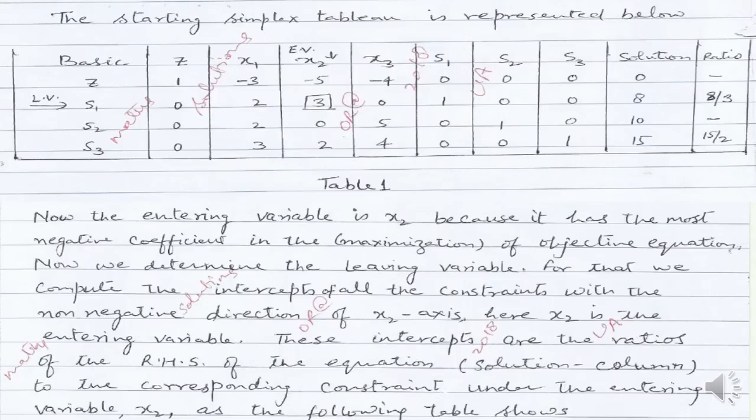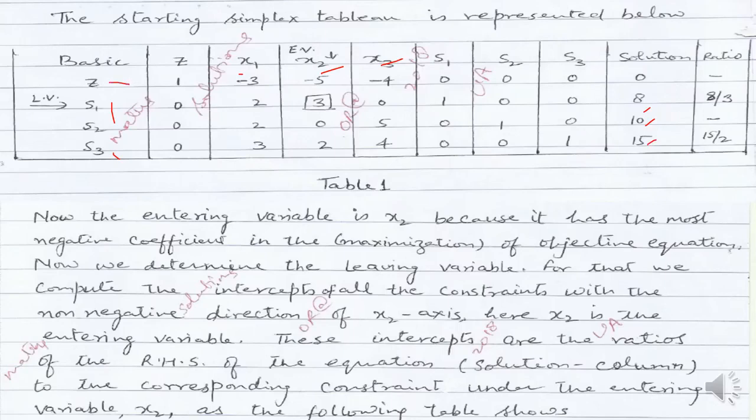So this we write as the starting simplex table, and here we take s1, s2, s3 as basic variables, and x1, x2, x3 are non-basic variables, and we take their value as 0. When we put x1, x2, x3 as 0 in the first constraint, we get s1 as 8. From the second constraint we get s2 as 10, and from the third constraint we get s3 as 15.